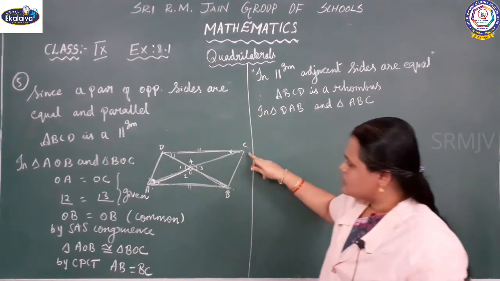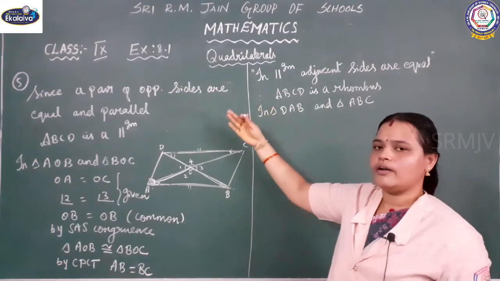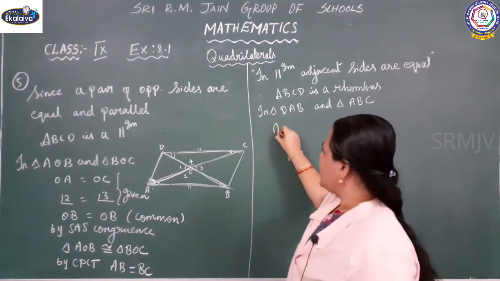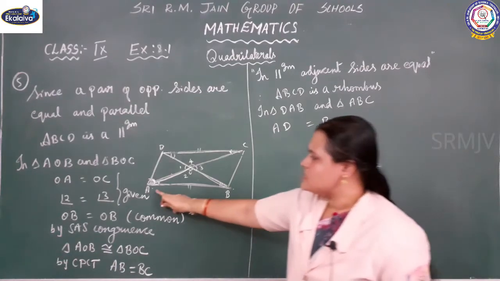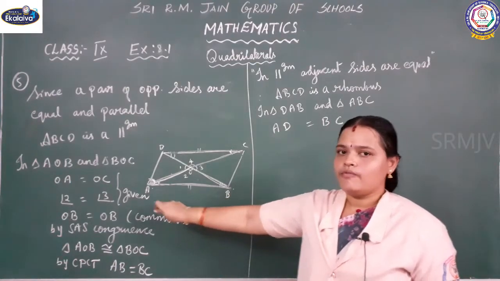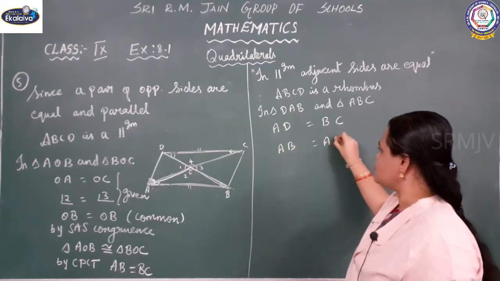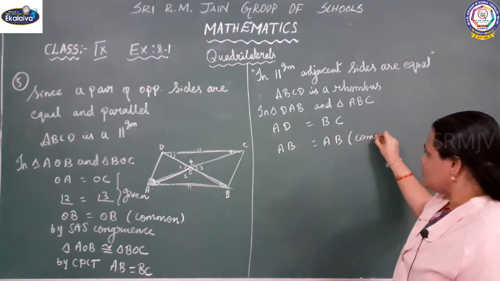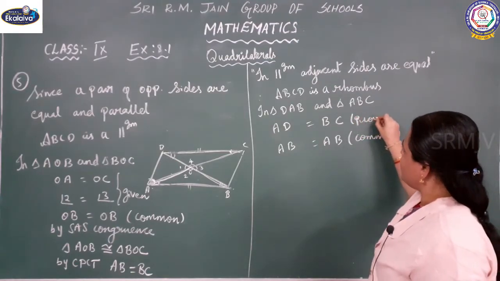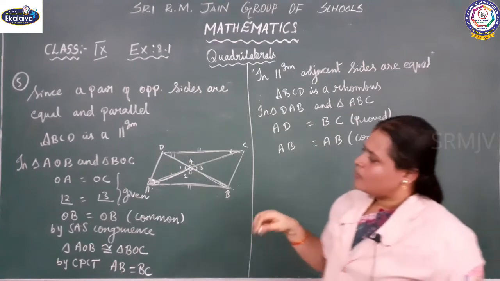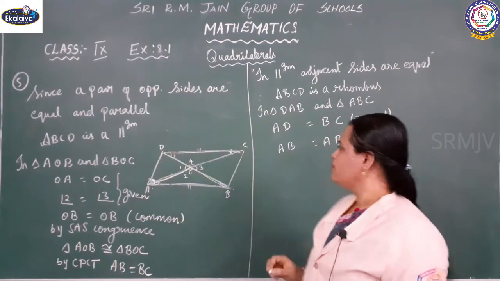AD is equal to BC. Why is it equal? Because we have proved already it is a parallelogram. AD equal to BC. And you can see this AB line is common for both the triangles. AB equal to AB. And in the question they have given diagonals are equal. So AC is equal to BD.